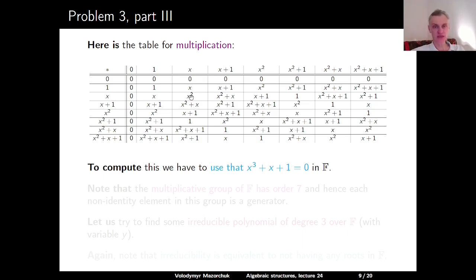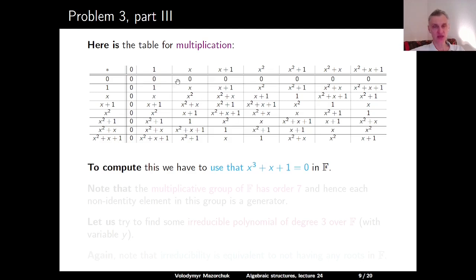So x times x is x squared. x times x plus 1 is x squared plus x. x times x squared is x cubed, which is x plus 1. x times x squared plus 1 is x cubed plus x, which is 1. And so on.